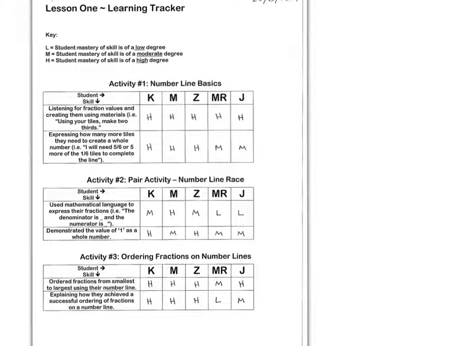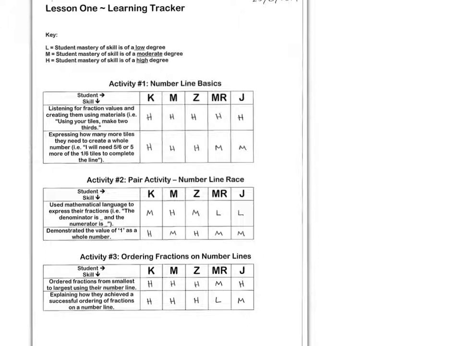Here's an example of the evidence that this pre-service teacher has drawn on, just one example. He had a learning tracker for all 3 of his lessons in the sequence, and I love that our students are constructing their own observation tools and audit tools. I think that's fantastic.